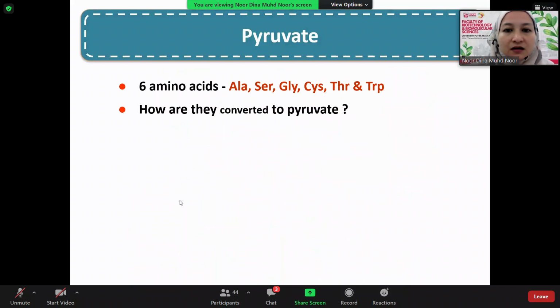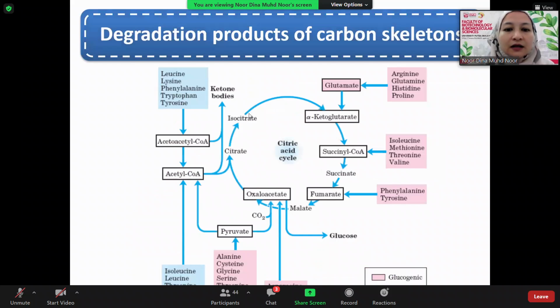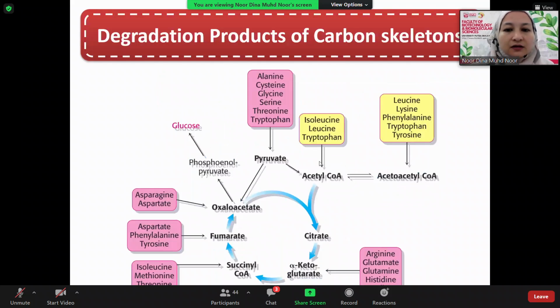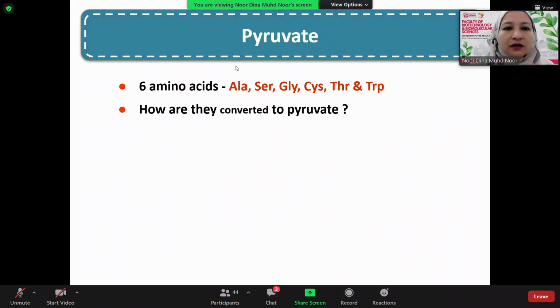The glucose will enter gluconeogenesis. Okay, that is the concept. This one is the same figure as this.